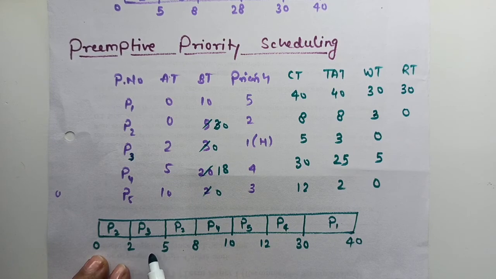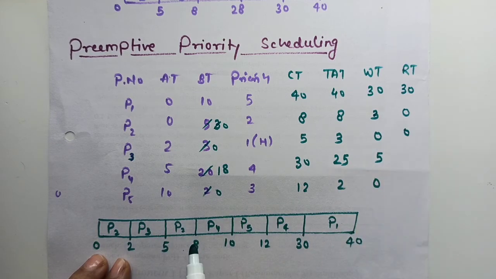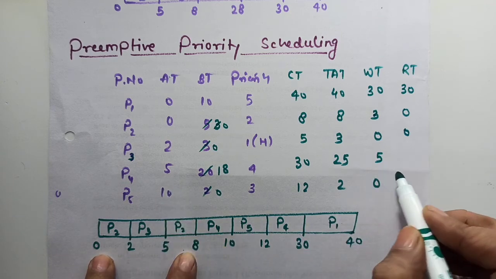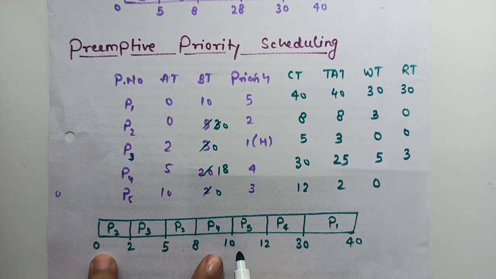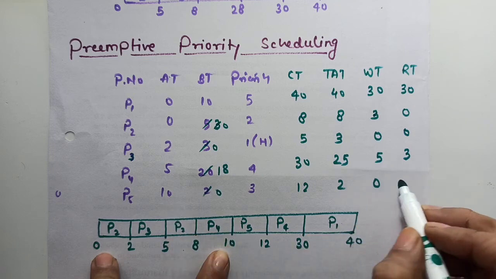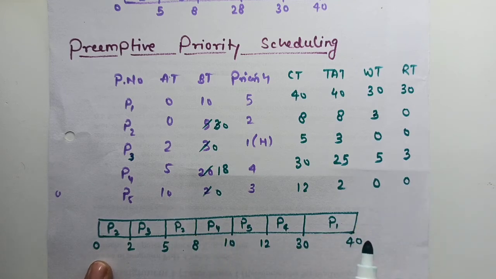Process P3 is scheduled at 2 and arrived at 2. So 2 minus 2, 0. Process P4 was scheduled at 8 and arrived at 5. So 8 minus 5 is 3. Process P5 was scheduled at 10 and also arrived at 10. So 0. So this is response time.